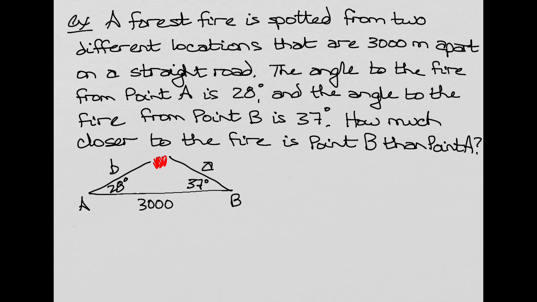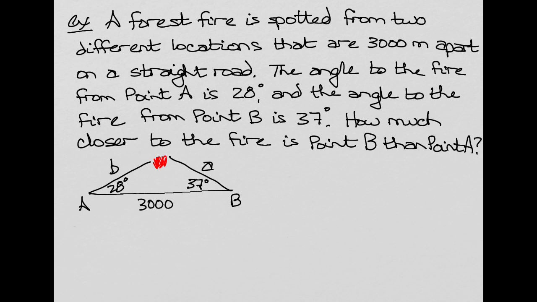So I'm going to need to find both A and B and then look at the difference between them. Well, first thing to do, the law of sines is going to work here. I have angle, side, angle information, so that's a job for the law of sines.